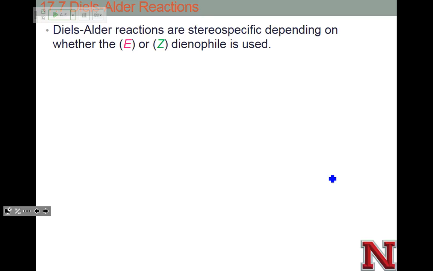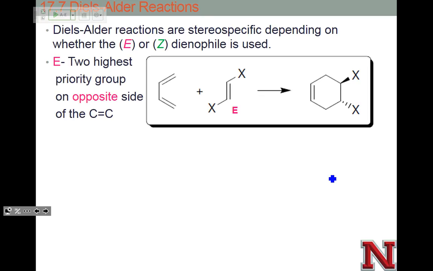So, the Diels-Alder reaction is stereospecific depending on what your dienophile starts with. So if your dienophile starts E or trans, then you're going to form the trans product. Fairly straightforward. Remember, this is concerted, so we do not have free rotation around this bond.